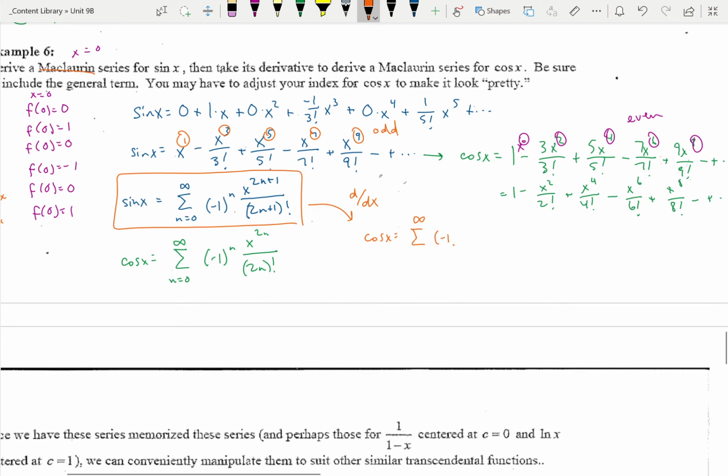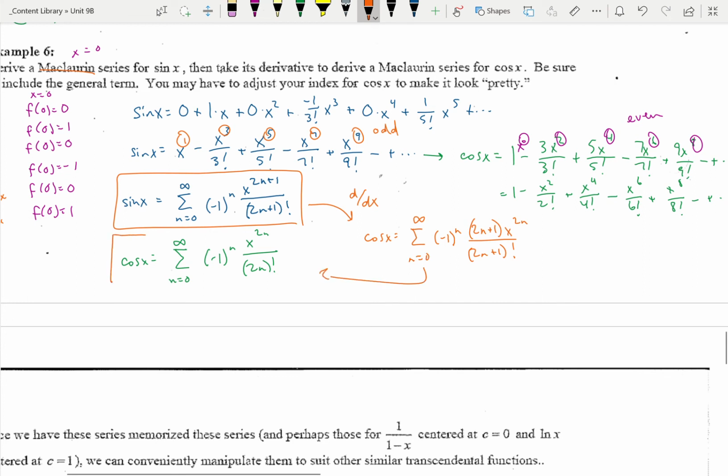The negative 1 raised to the n is just a constant, so that part doesn't matter. The 2n plus 1 factorial is a constant, so that doesn't matter. And we get a 2n plus 1 from the power rule coming out front, and then we drop the exponent by 1, we get 2n. So this actually does end up taking us exactly back to here, because the 2n plus 1s cancel out.